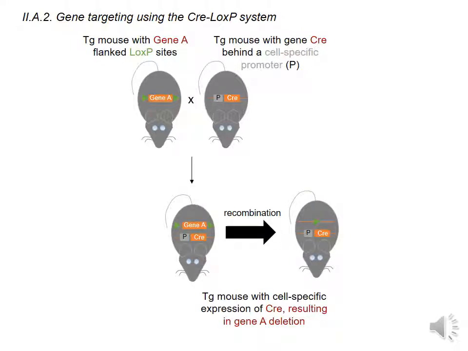As a result of this, we will have an animal that contains both the gene flanked by the LoxP sites and the recombinase Cre expressed in a particular cell type that is controlled by a specific promoter. Then recombination takes place, and this animal will have gene A deleted in a specific cell type where Cre is expressed.